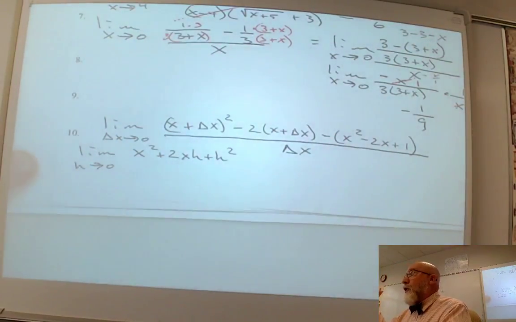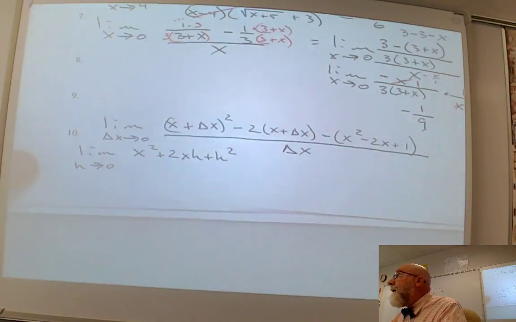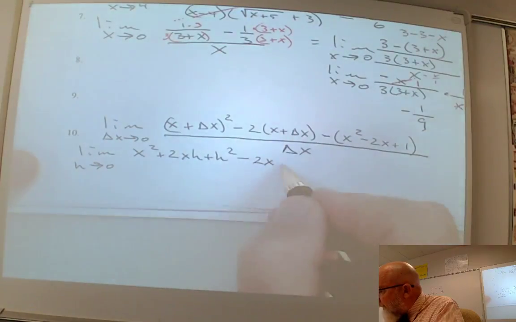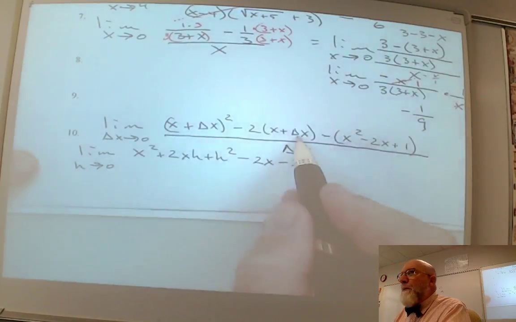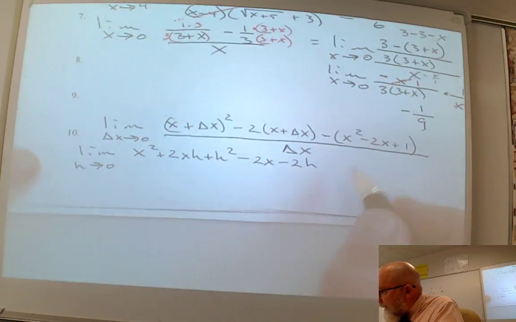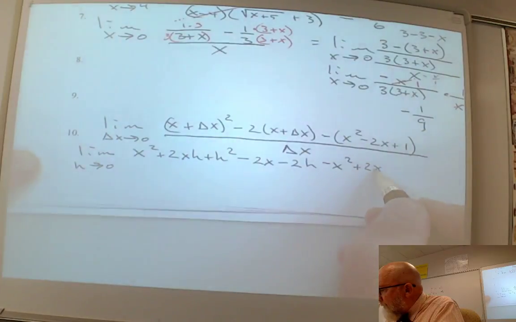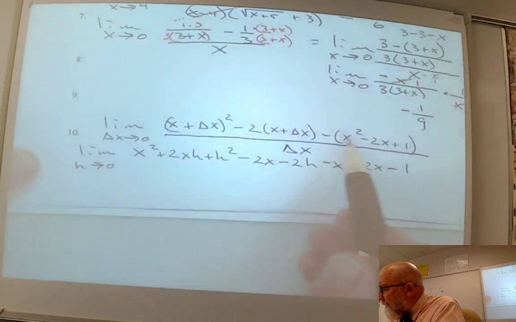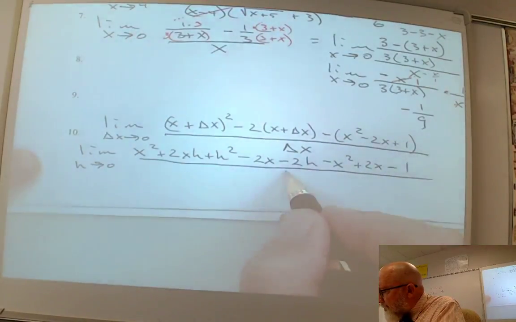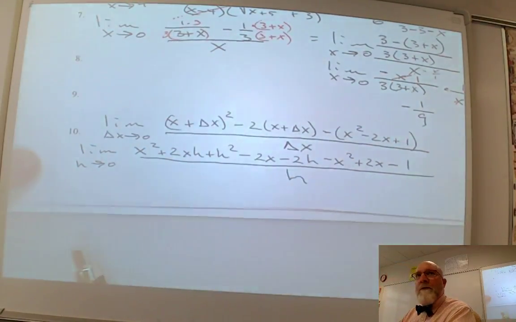It has a middle term, doesn't it? Minus 2x minus 2h. Remember, I'm replacing that with h in my head so you guys don't feel bad. Minus x squared plus 2x minus 1. So I distributed the minus sign all over because I got rid of the delta x.